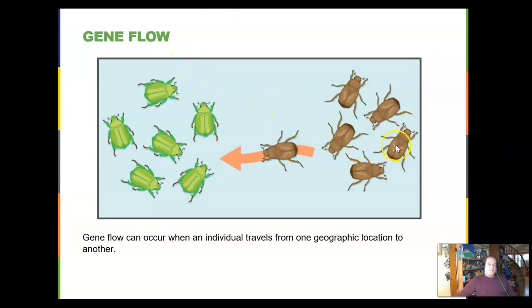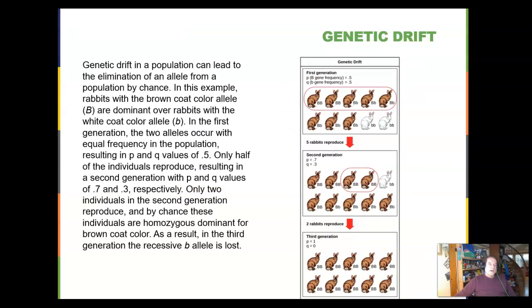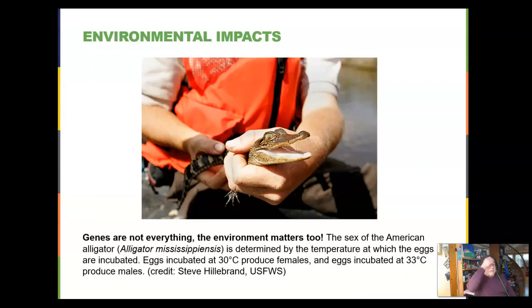So, if something was taking individuals out of the population you were looking at, that's going to alter the results of your Hardy-Weinberg calculation. So this is another one of those assumptions that we don't want to violate. This one has to do with sample size, population size. All right, gene flow right here.